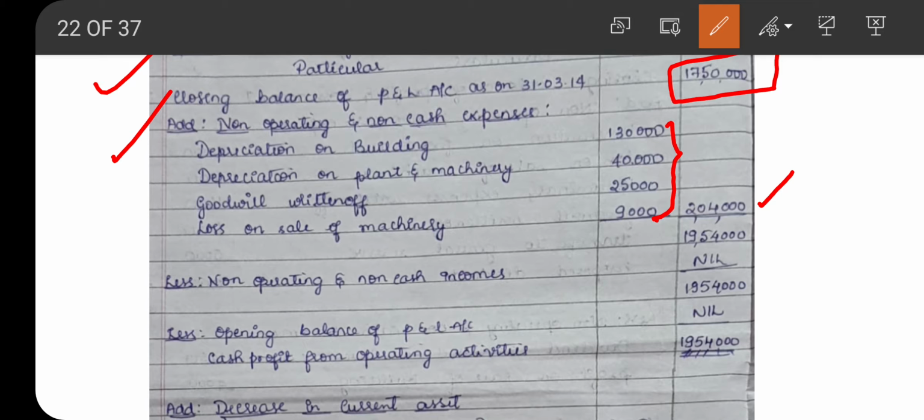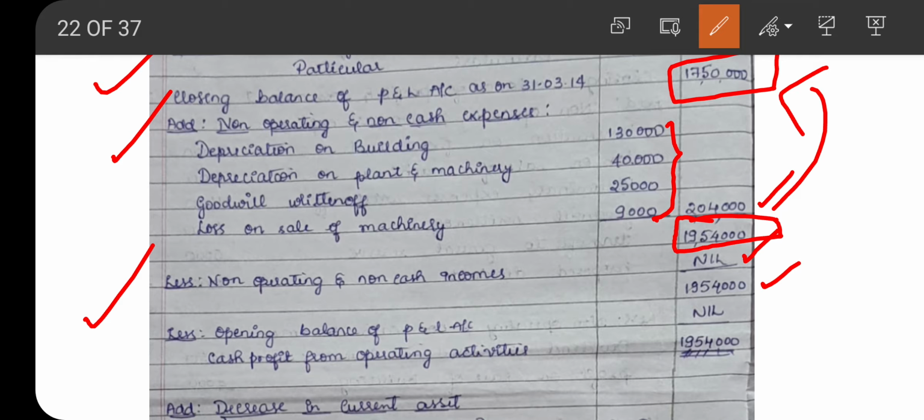So you need to add it to the closing balance, and you should write the total in the outer column, that is 19,54,000. Less non-operating and non-cash income. There is no non-operating and non-cash income given in the problem, so it is nil. The total is 19,54,000 itself.